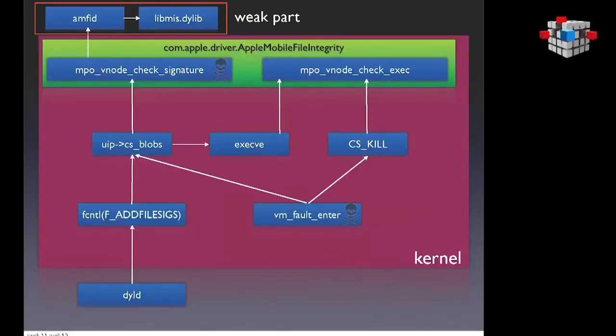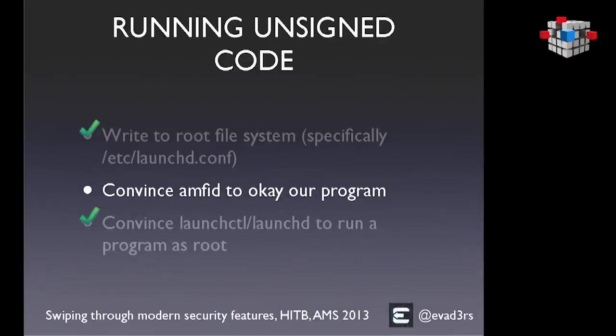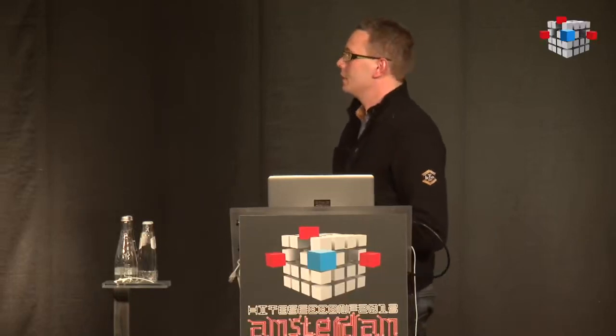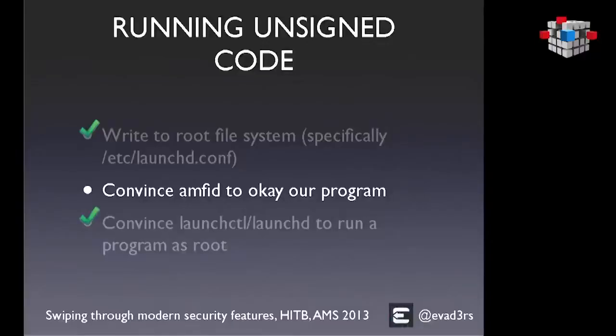So the weak part, of course, is the userland process. Our idea here is to convince AMFID in some way to say your program is good, even if it's not signed.